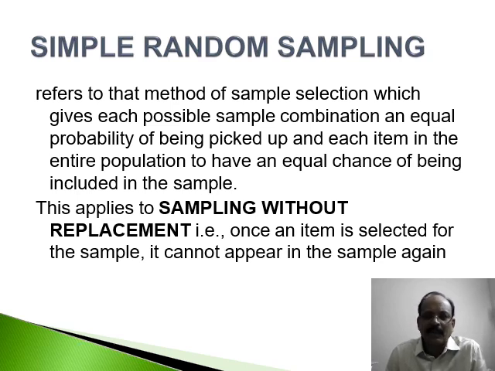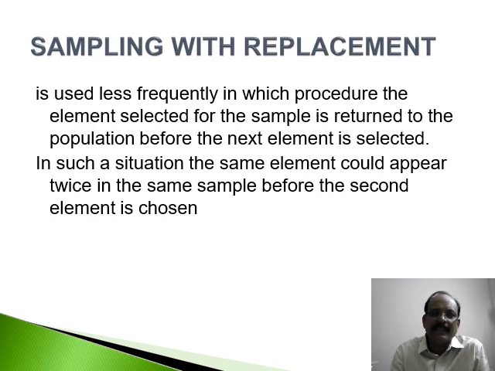As I already mentioned, every unit in the population has an equal chance in the sample, which is simple random sampling. This applies to sampling without replacement: once an item is selected for the sample, it cannot appear in the sample again. Sampling with replacement is used less frequently, in which the element selected for the sample is returned to the population before the next element is selected.